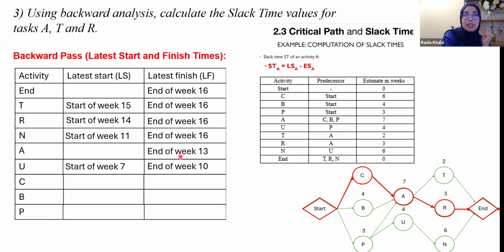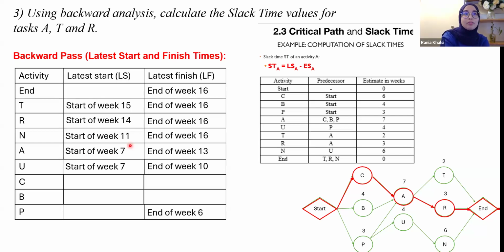This activity A takes 7 weeks, so its latest start is the start of week 7.